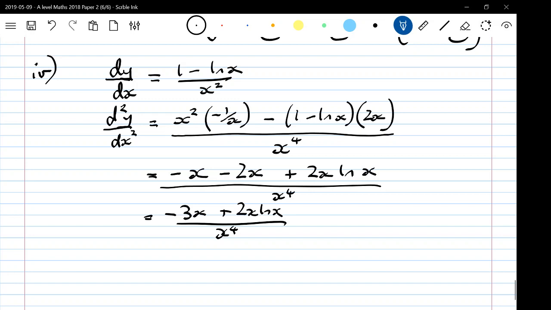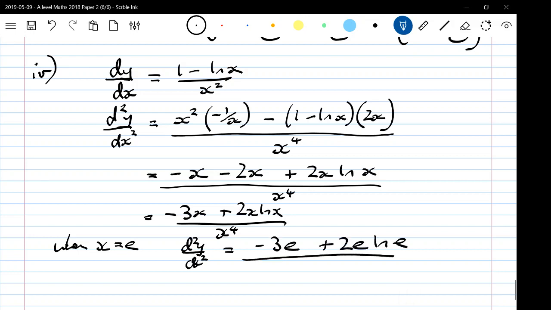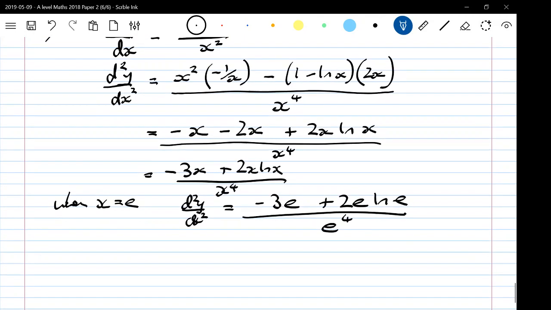I am interested in the behaviour of that at the turning point. So when x equals e, my second derivative is minus 3e plus 2e ln e over e to the 4. ln e is 1, we've already established that, so that's minus 3e plus 2e is minus e over e to the 4, or minus 1 over e cubed.